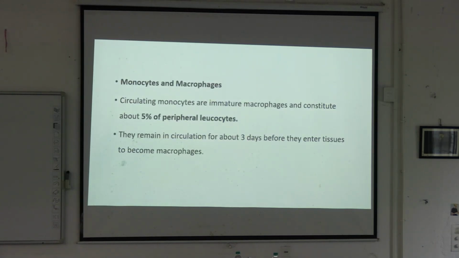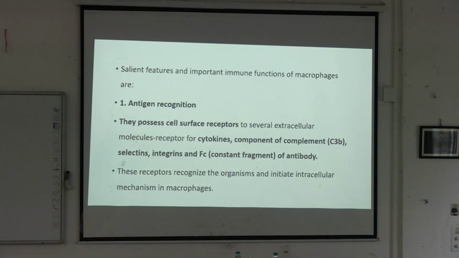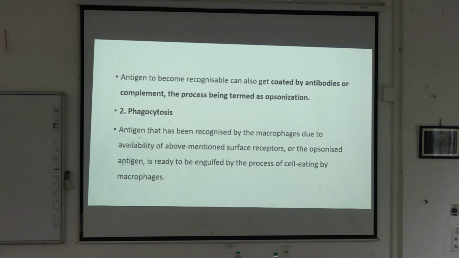Then monocytes and macrophages. Circulating monocytes are immature macrophages and constitute about 5% of peripheral leukocytes. They remain in circulation for about 3 days before they enter tissue to become macrophages. Now the important features of immune function of macrophage. First is antigen recognition. They possess cell surface receptors to several extracellular molecules: receptors for cytokines, components of complement, selectin, integrin and Fc of antibody. Then phagocytosis.